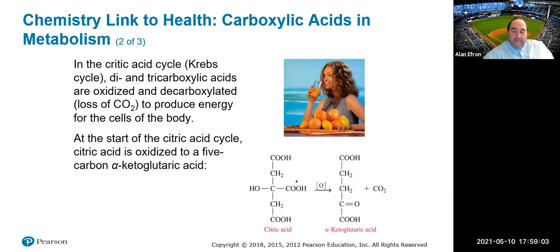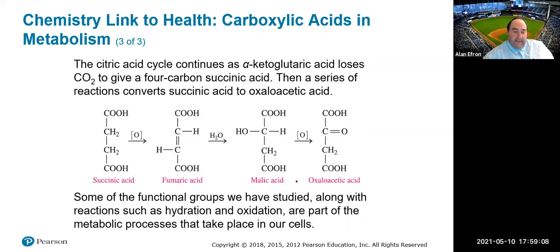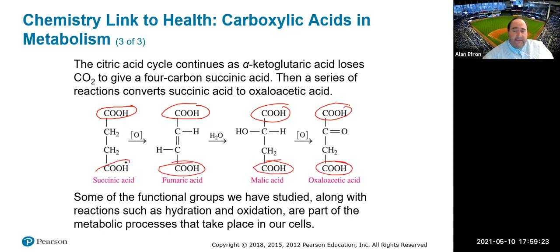Not really important for us in this class, so you don't have to worry too much about it. Just to tie it to what we're talking about, each of these guys here has carboxylic acid groups, and you can see there are actually 2 of them on each of these in the Krebs cycle.